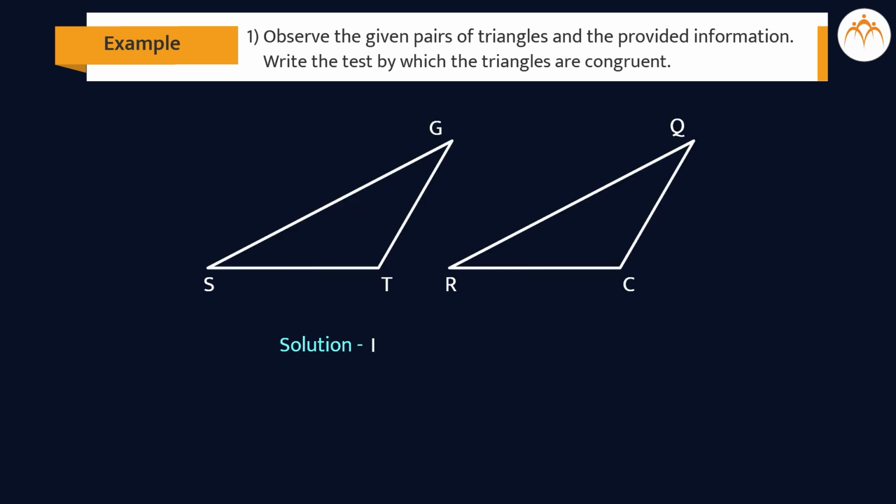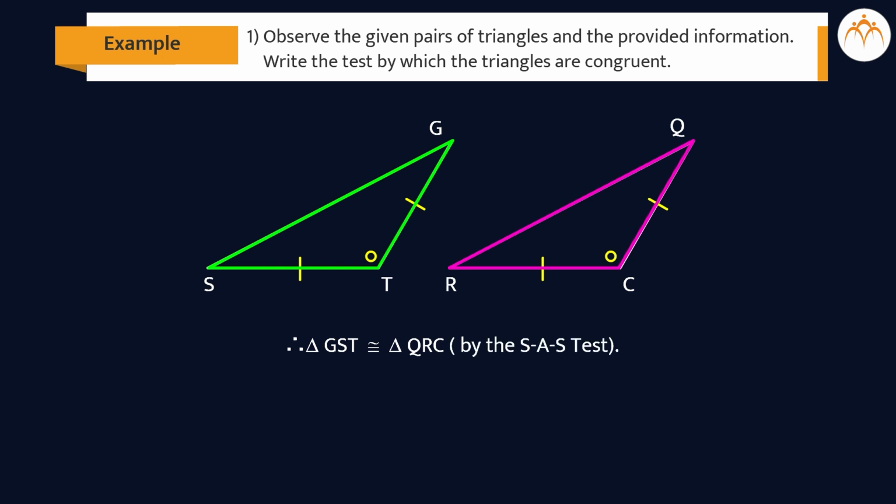Now here, in triangle GST and triangle QRC, GT is congruent to QC, angle GTS is congruent to angle QCR, and segment ST is congruent to segment RC. Therefore, triangle GST is congruent to triangle QRC by the SAS test.